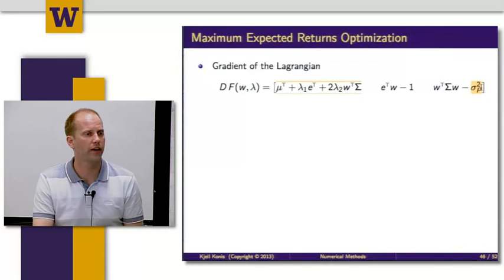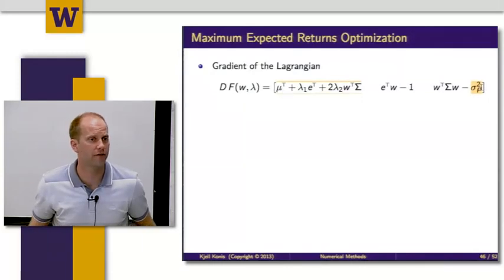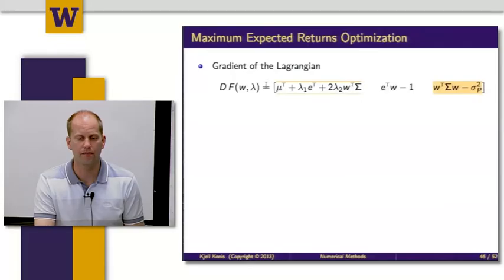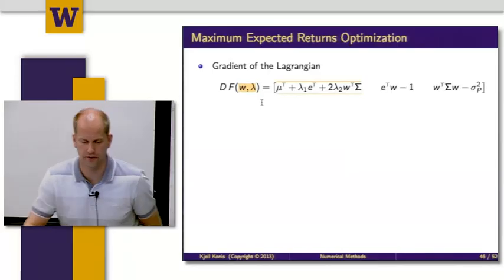And then sigma squared p is the risk of my portfolio that I'm stating, so that's also a scalar value. So this final part of the gradient is a scalar value. My gradient is 1 by n plus 2, which is exactly what I was shooting for because I have n plus 2 values as inputs for my function.